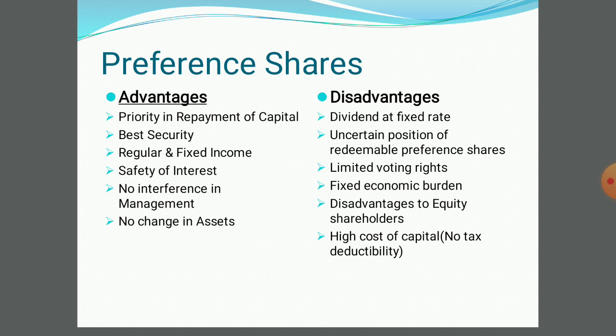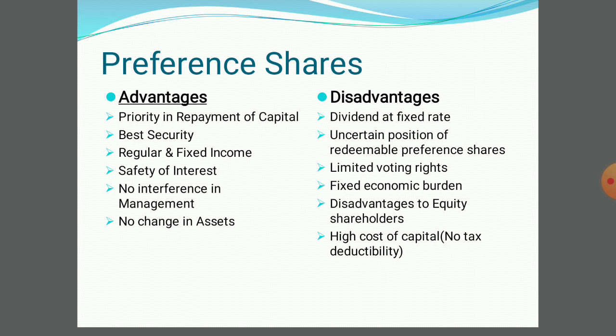But other types of preference shares get a fixed rate of dividend, whatever amount of profit the company has earned. Next is the uncertain position of redeemable preference shares. Even if we say that the preference shares are redeemable, when to return the principal amount or the capital amount is in the hands of the company.